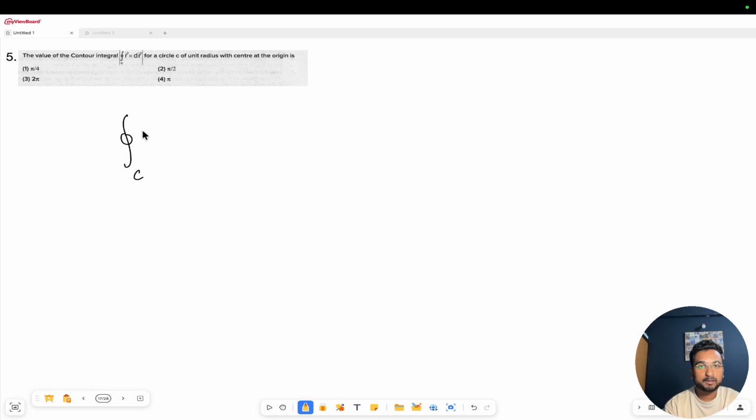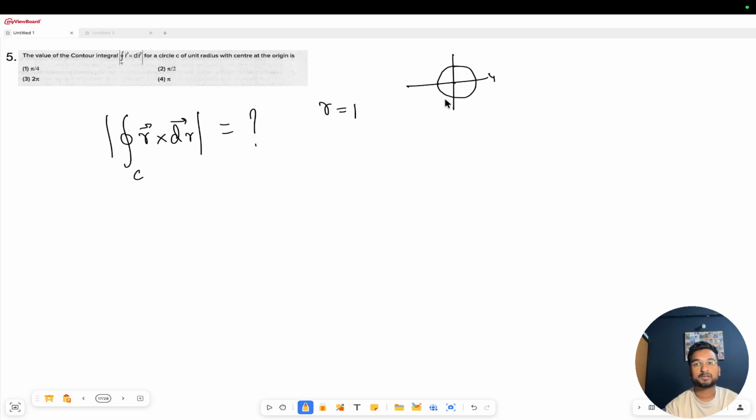C, r cross dr, mod. What is the value of this contour integral? If your circle is of unit radius, that means your radius is 1 and centered at the origin, that means if this is your xy plane, then at 0, 0 this contour is made of radius r equals 1.